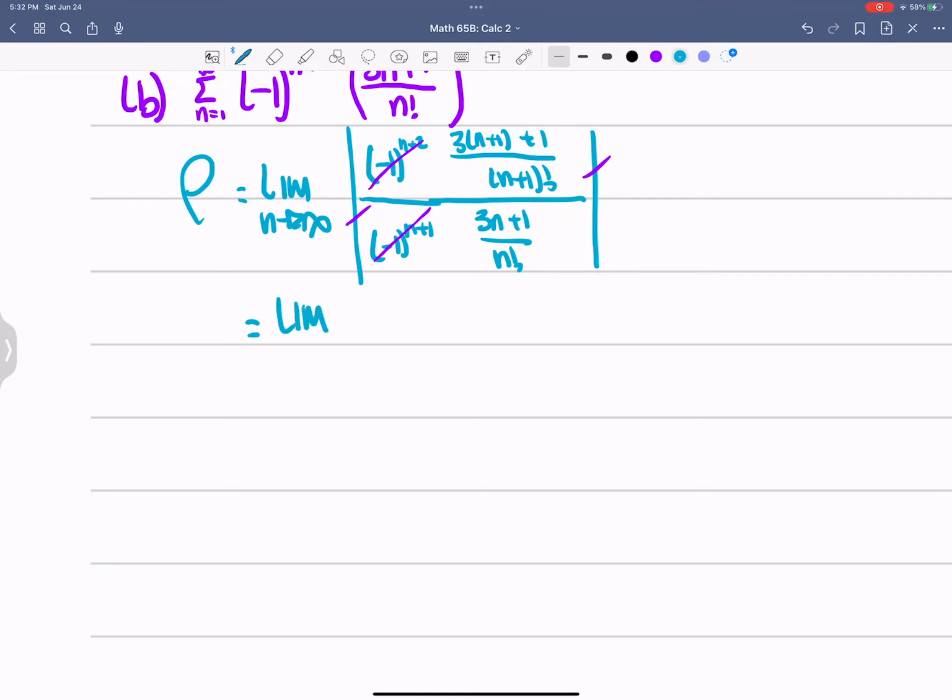Now let's go. The limit as n approaches infinity of 3n plus 3 plus 1, so 3n plus 4, is the numerator. We're dividing that by n plus 1 times n factorial. Up here we have n factorial, down here we have 3n plus 1, and the factorials divide out.